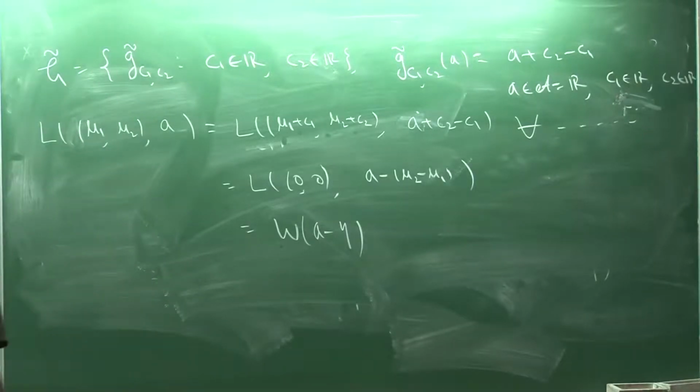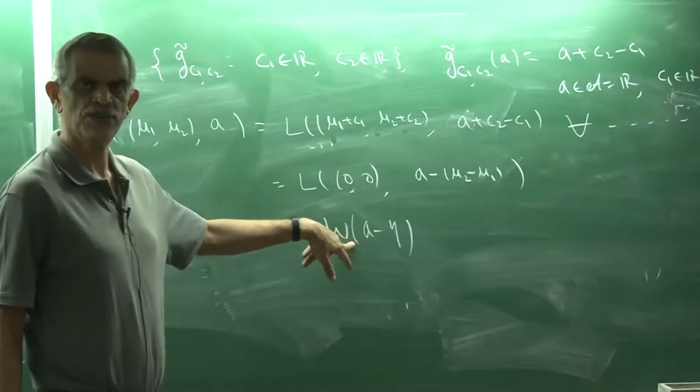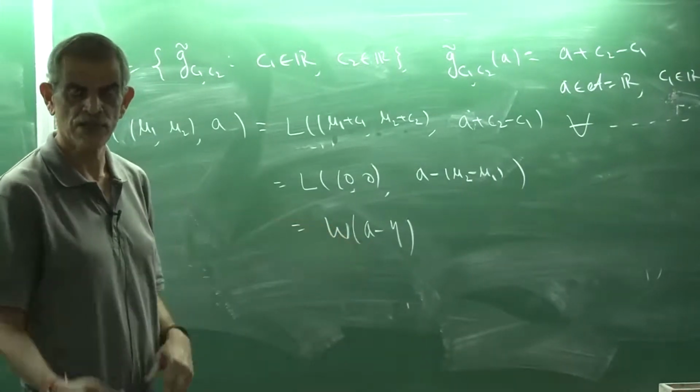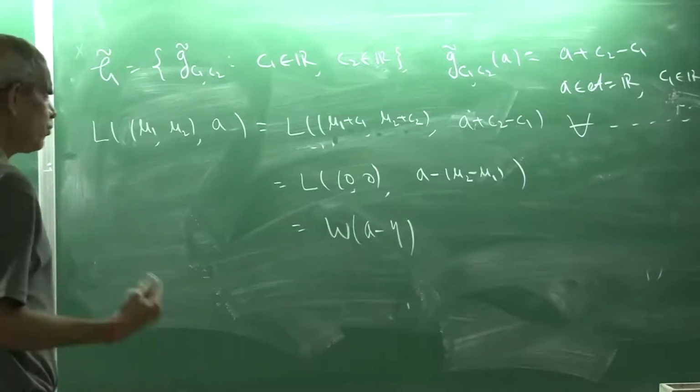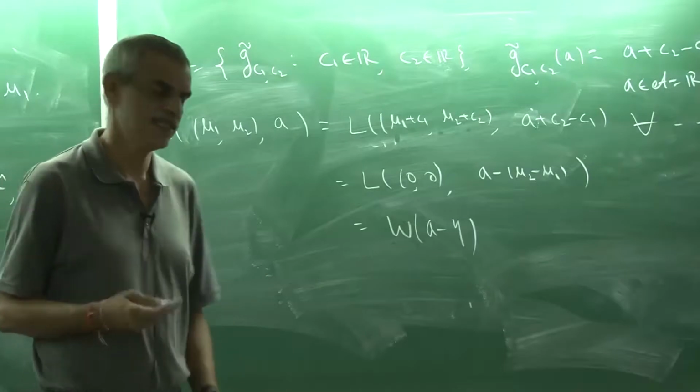Okay, now I can consider only non-randomized estimators by choosing my W to be convex in A, which would be a reasonable choice. If I do that, then it is enough to consider only non-randomized invariant estimators.